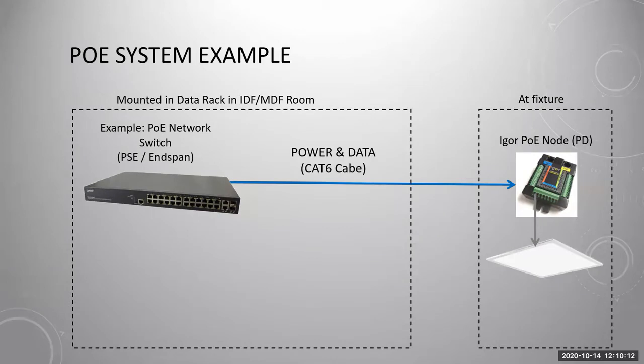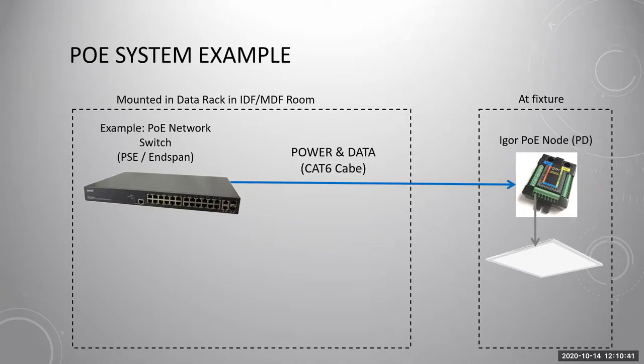And then out of that data rack, you have your Ethernet cable, your Cat5e, Cat6, Cat6a cable. Looks like I've got a typo there. Sorry about that. Going out to essentially, in our case, your light fixtures or any of your other PoE powered devices. And that cable, from a PoE perspective, has the same length limits as typical Ethernet data cable does.